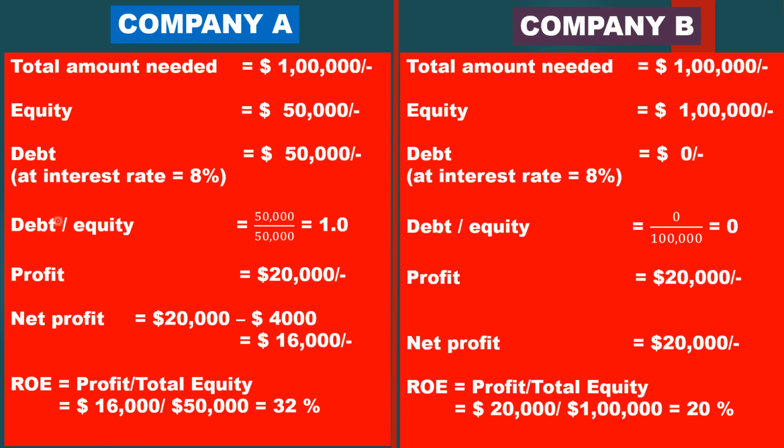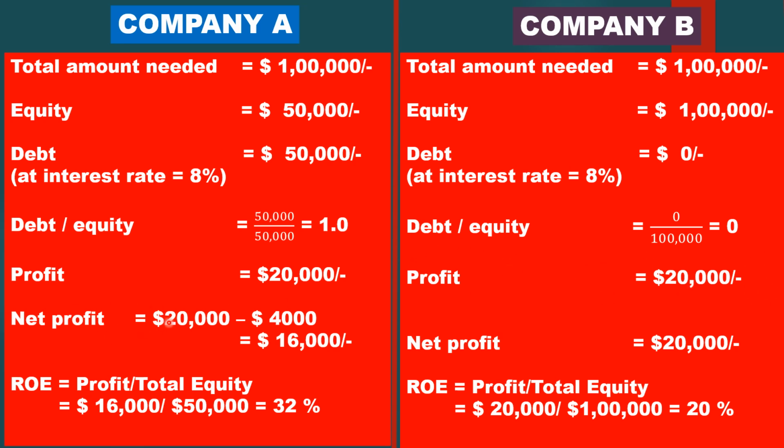Okay, now let us calculate debt to equity. So debt is 50,000 rupees divided by equity 50,000 rupees. Therefore, debt to equity ratio 1.01. Whereas for this company, debt is 0, therefore DE ratio 0. Okay, now company A makes profit 20,000 rupees, and similarly company B also makes 20,000 rupees.